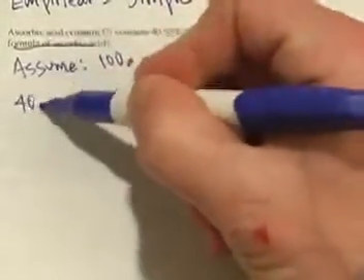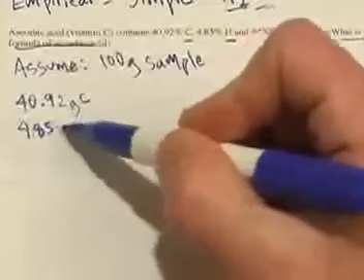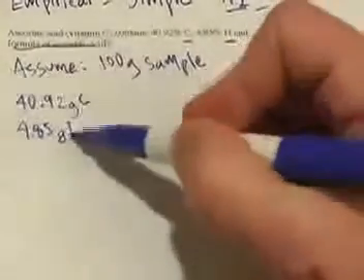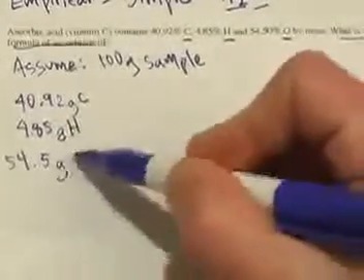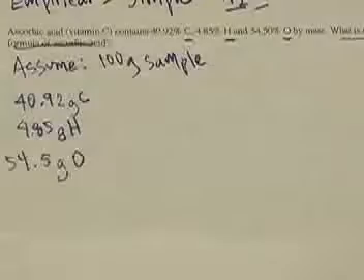If we assume a 100-gram sample, we therefore have 40.92 grams of carbon, 4.85 grams of hydrogen, and 54.5 grams of oxygen.